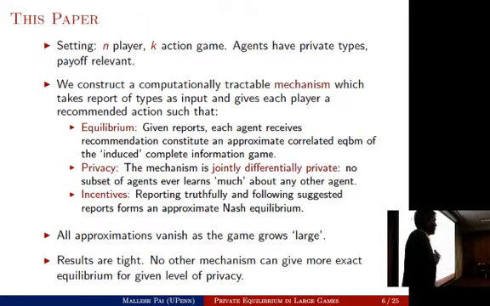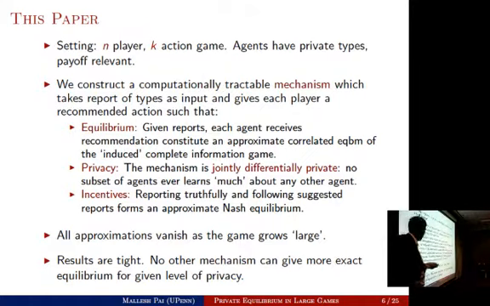Right? So this is going to be the enterprise. These are the results I'm going to tell you. The final result is going to be of the flavor of these results being tight. So no other mechanism can give a more exact equilibrium for a given level of privacy. So is that saying that the computationally tractable part didn't have any bite? Because at the end you said no other mechanism. That is correct.